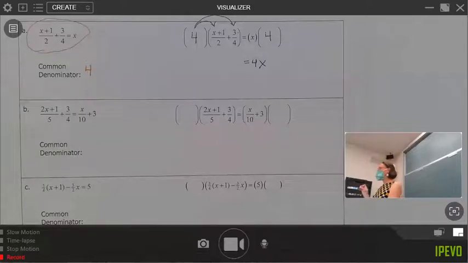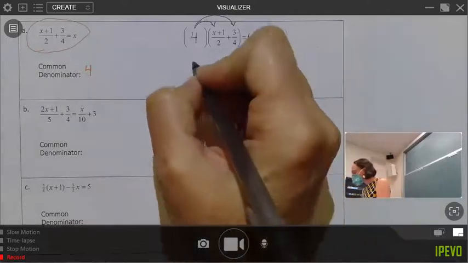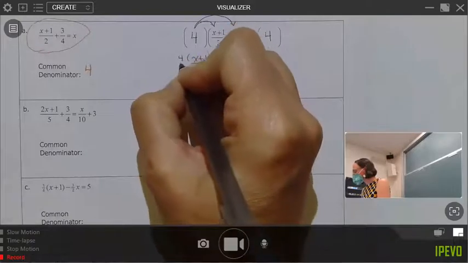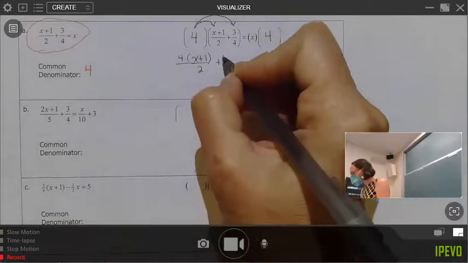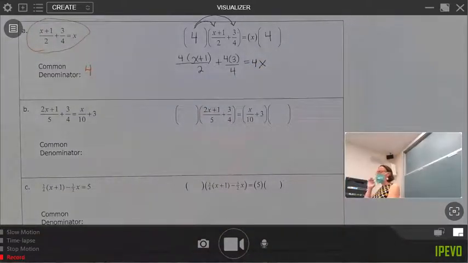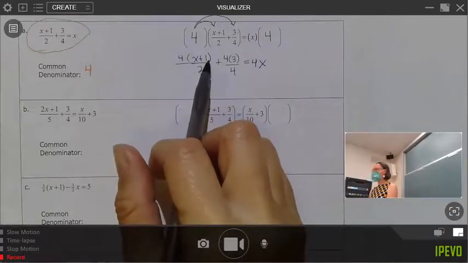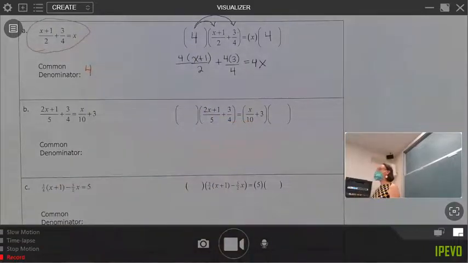My entire objective is to get rid of the fractions. So when I distribute that 4 to the first piece, that x plus 1 over 2, I'm really going to pause for a second and think about it like this. If I were to distribute the 4 to the x and the 1 right now, I would have lost the fact that the whole point of multiplying by the 4 was to get rid of the fraction.